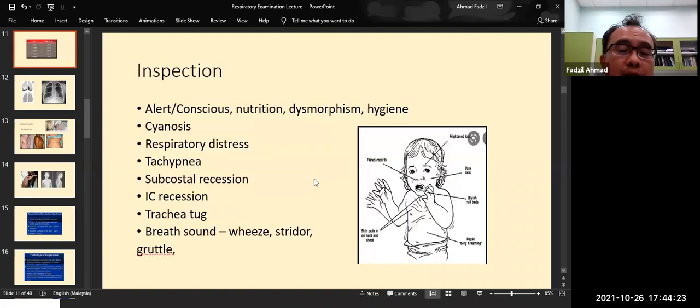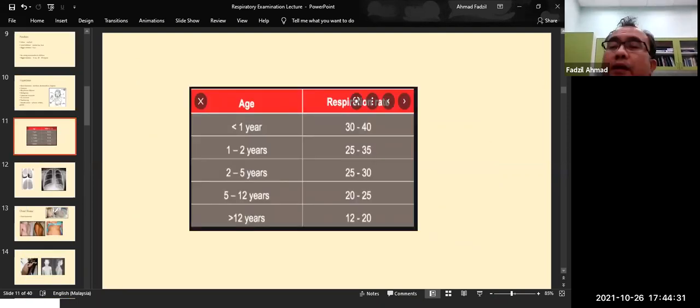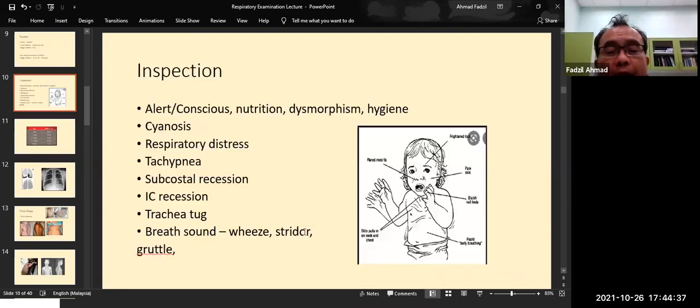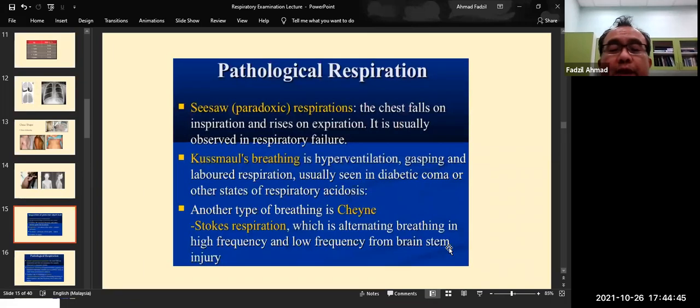The breath sound can be a wheeze, stridor, or grunting. Doesn't matter. Breath sound. While you auscultate, you hear rhonchi, stridor, or any other sound, movement sound, when you auscultate. So there's a difference between auscultation and using the ears.